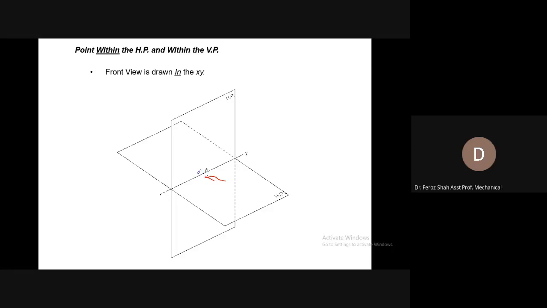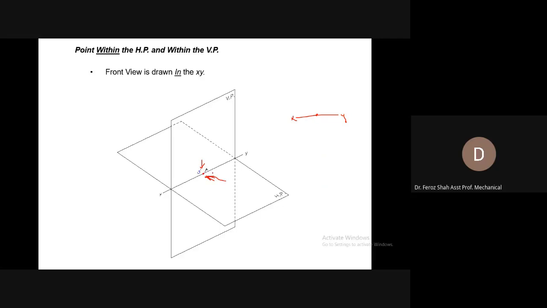You can see for drawing its front view, looking at it from this side or from the rear side, its front view would be formed on the vertical plane at this position, means at the XY reference line. And for its top view, looking at it from above or from below, its top view would again be formed at the horizontal plane, exactly at this position.